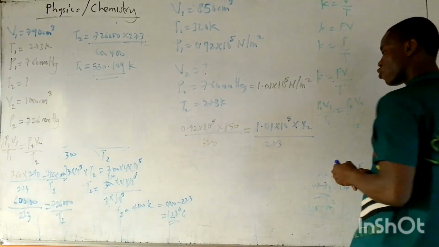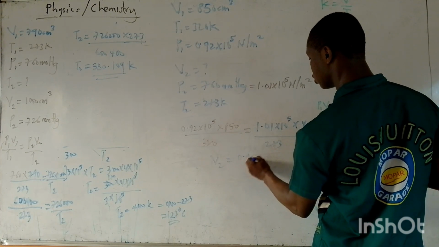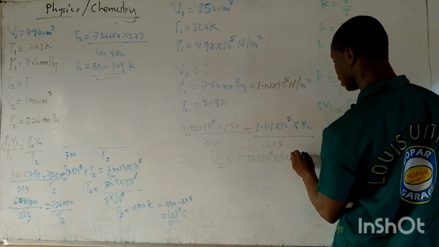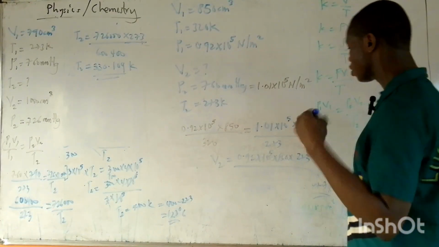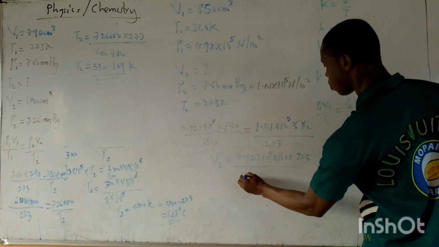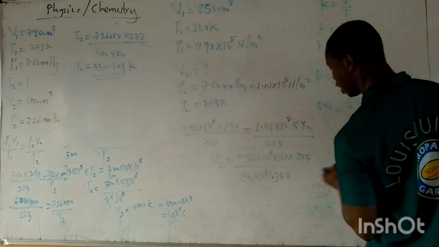So if we find this, we have V2 is equal to 0.92 times 10 raised to the power 5 times 850 times 273, all over 1.01 times 10 raised to the power 5 times 320, right?